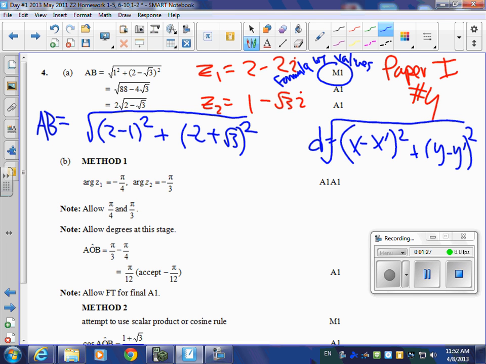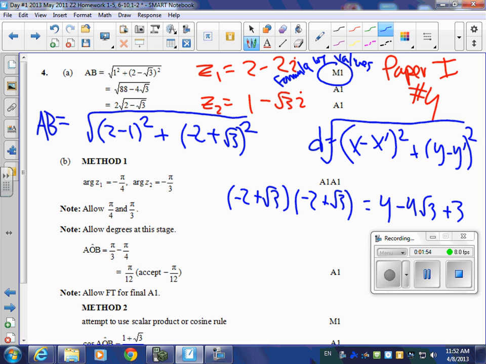Okay, then what they're going to do is this is kind of a challenge. How do you expand this? So they went negative 2 plus square root of 3, negative 2 plus square root of 3, and you multiply those out. Negative 2 times negative 2 is 4. Negative 2 times root of 3 will be negative 4 root of 3. Root of 3 times root of 3 is going to be plus 3.